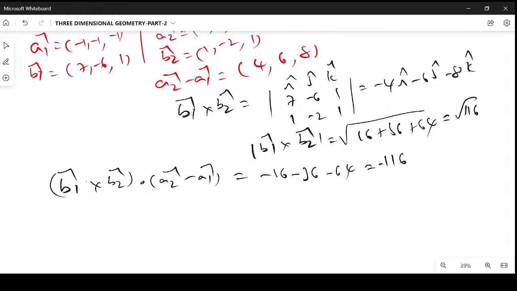Be careful: they ask for the shortest distance between the lines.